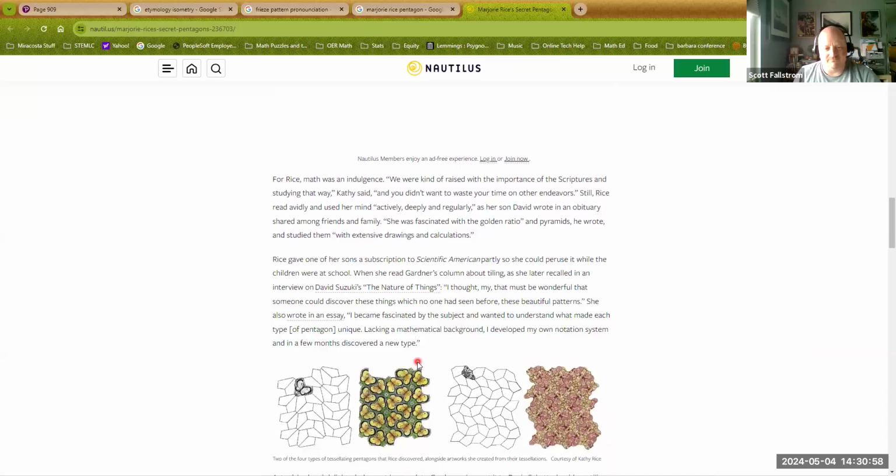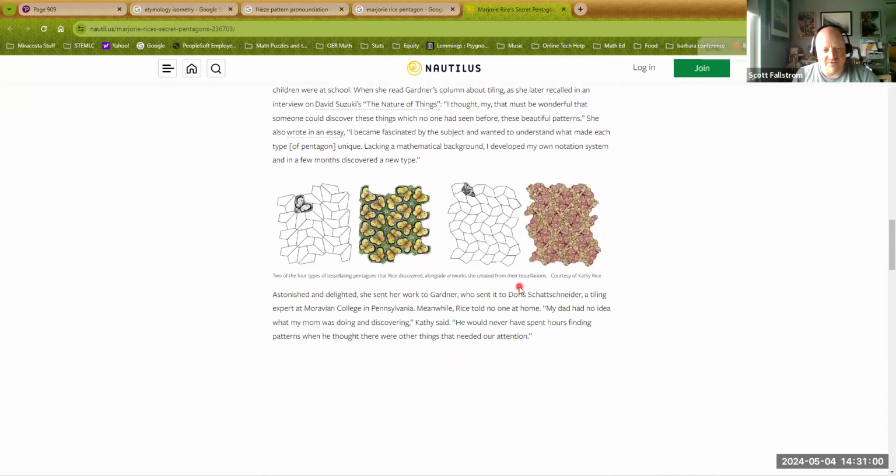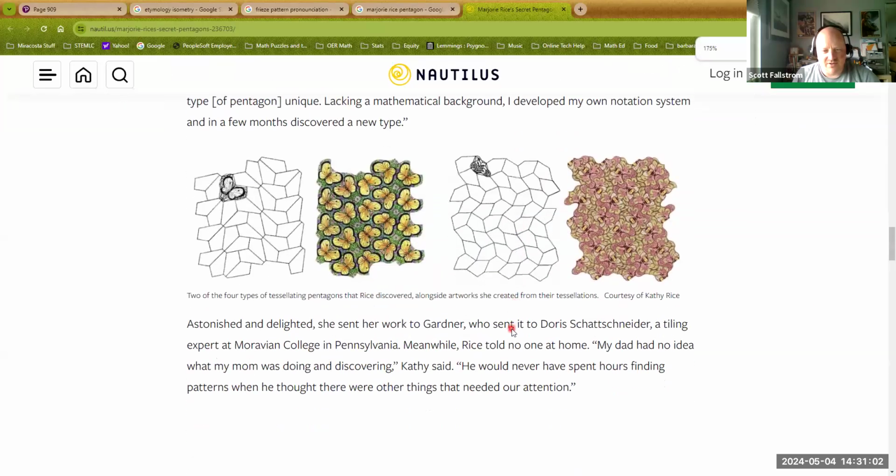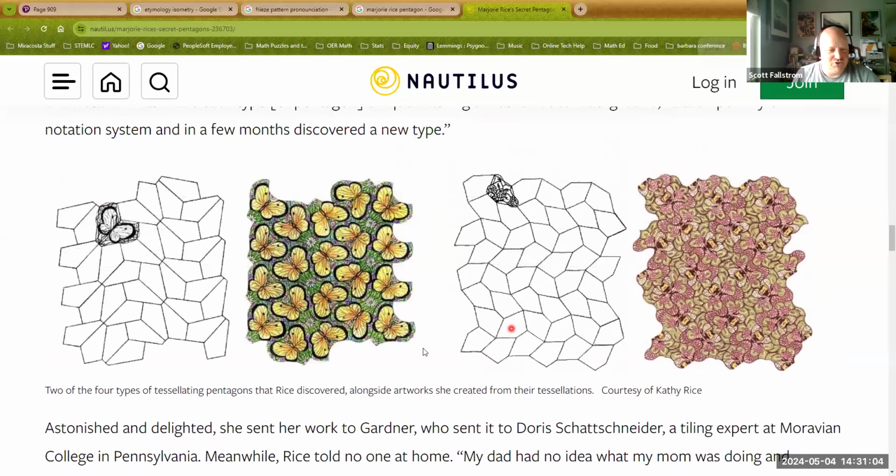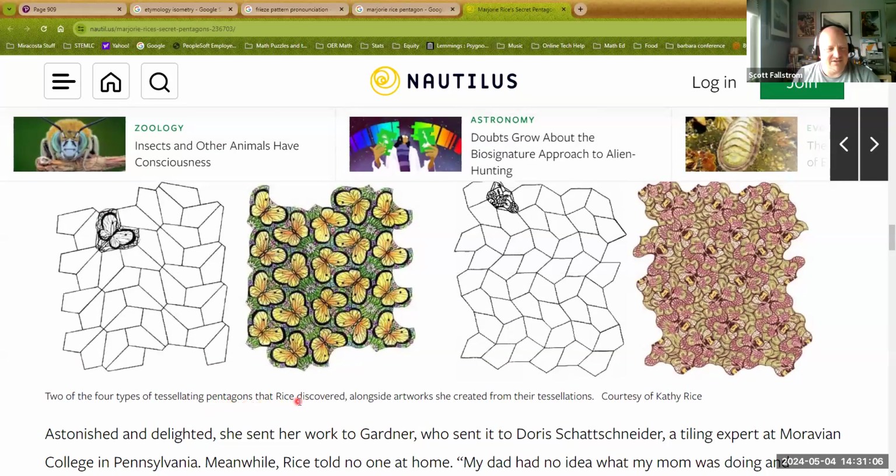Okay, so I'm gonna zoom in a little bit here to show. This is 2 of the 4 tessellating pentagons that Rice discovered alongside artwork she created from the tessellations. What we're talking about with tessellation is it has to be the same shape. If you look at it, 1, 2, 3, 4, and a little tiny tail there, 5.